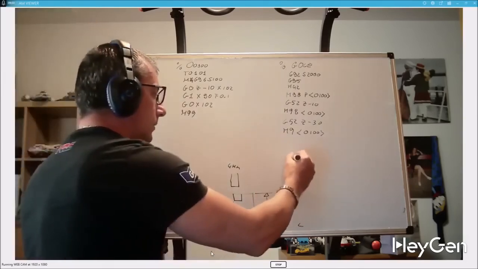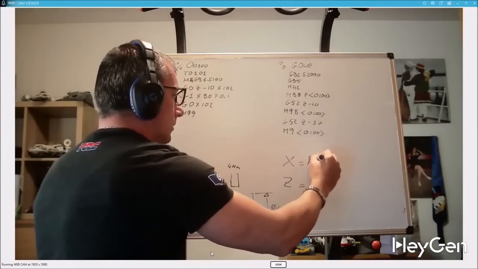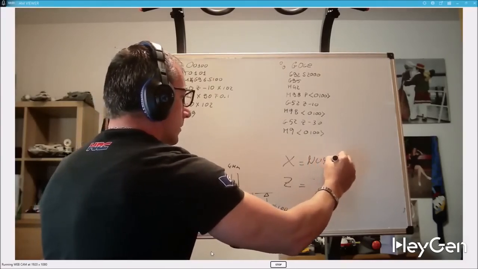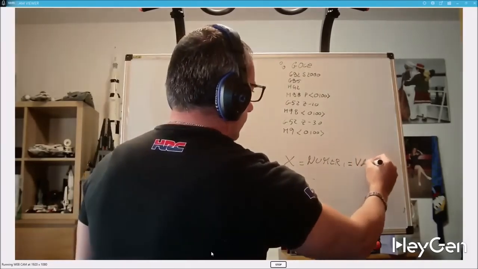We're used to seeing X and Z as numbers. In reality, X and Z are values.